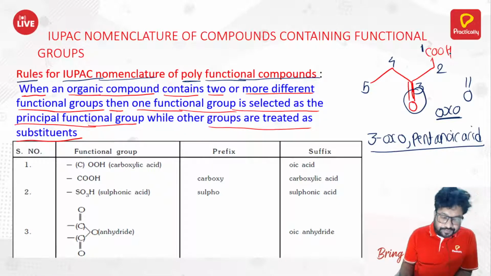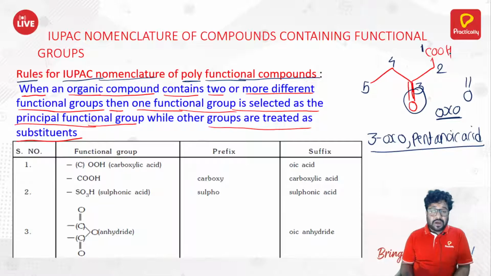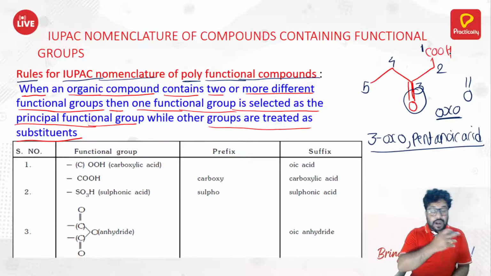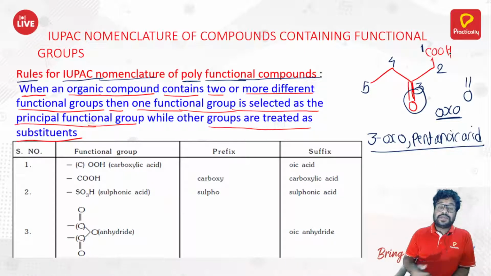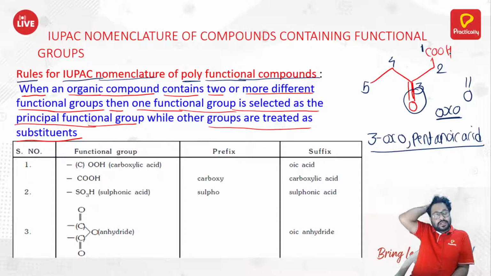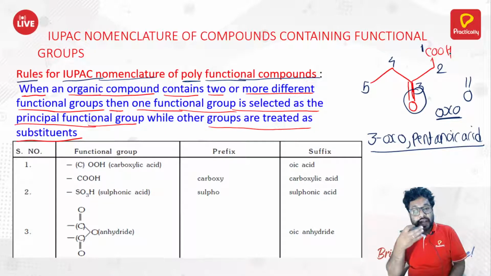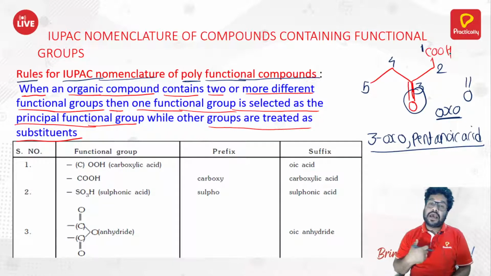Let's see now some of the prefixes and suffixes. I just wanted to tell you what happens when you get two functional groups: one will be considered as the principal functional group, the other will be considered as a substituent. Now, COOH is the functional group which is having the highest priority.